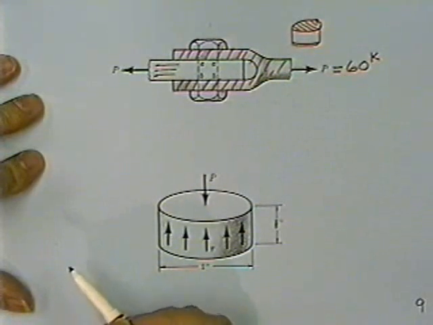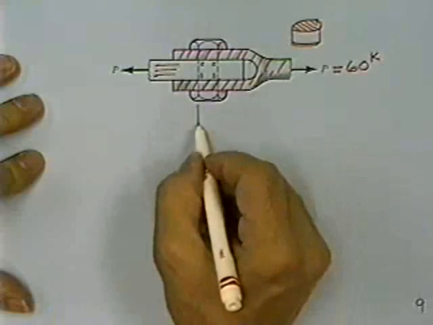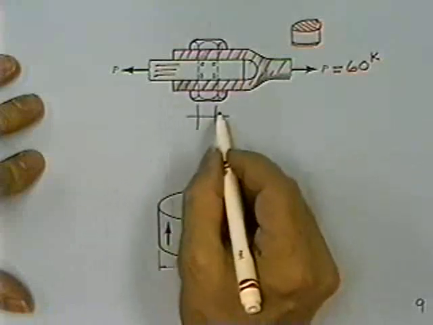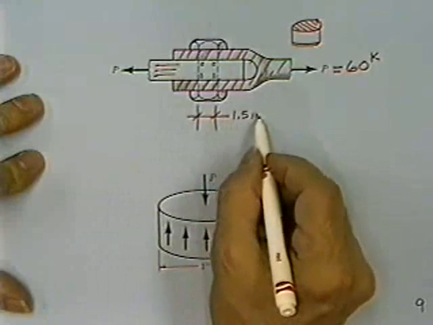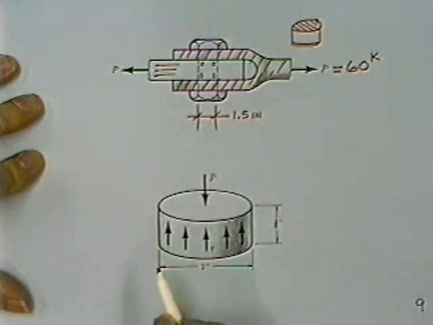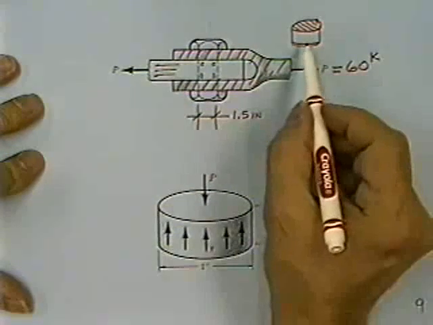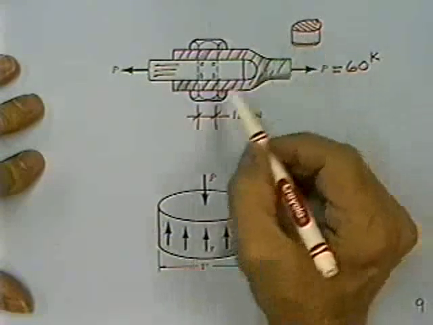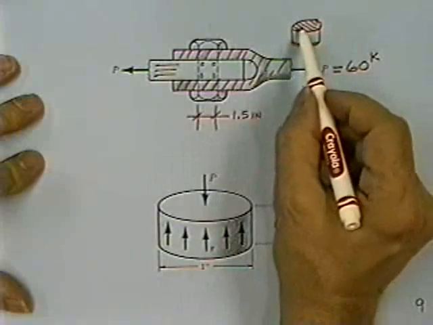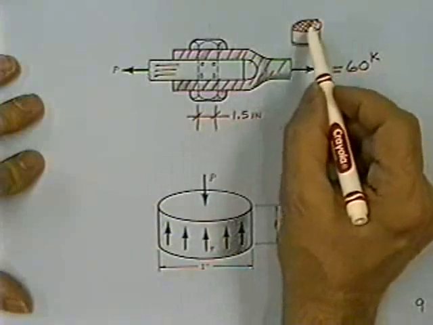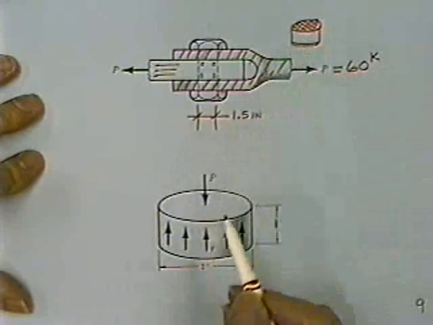In this case, I'm going to assume that the bolt has a diameter of 1.5 inches. And were it to fail, were it to come apart, a little plug of metal would come out with it and fall on the ground, and it would have a top shiny surface area and a corresponding one on the bottom.